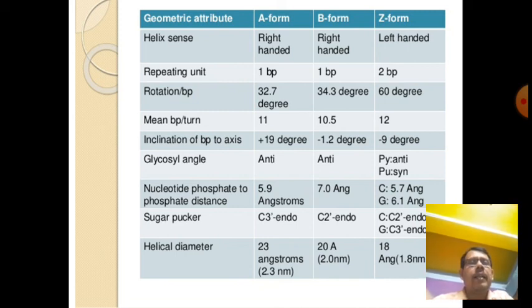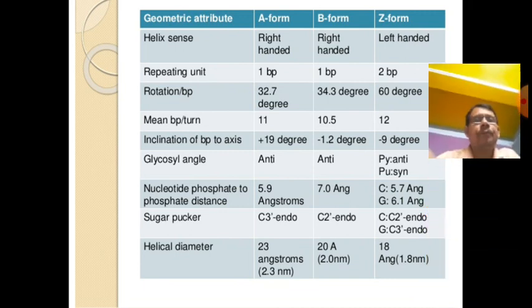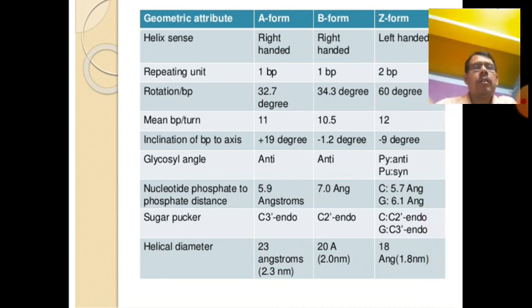Glycosyl angle: anti, anti, alternating. Phosphate to phosphate distance: 5.9, 7.0 average and 5.7. Sugar pucker, and helical diameter: 23 angstrom, 20 angstrom and 18 angstrom. These are the basic differences between the three forms of DNA, A form, B form and Z form.